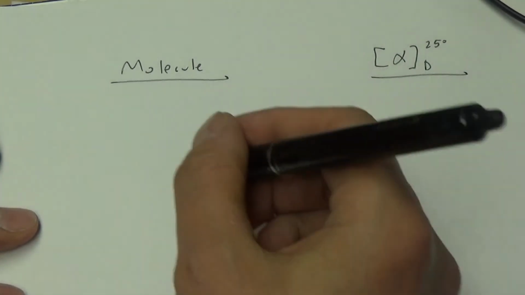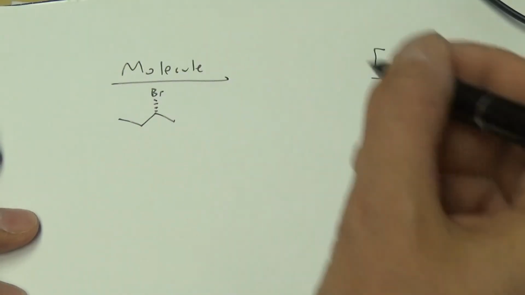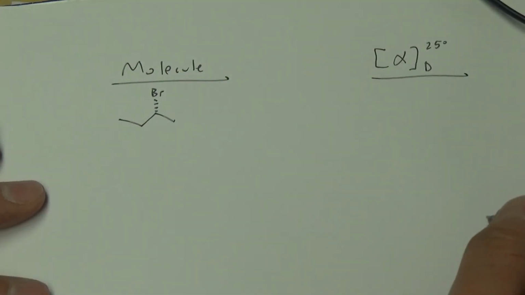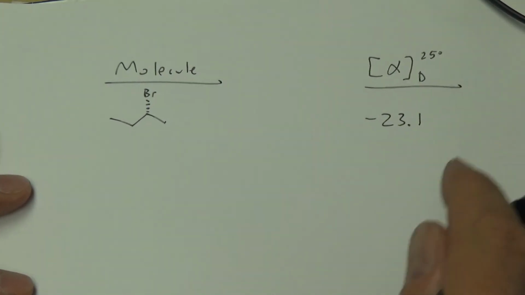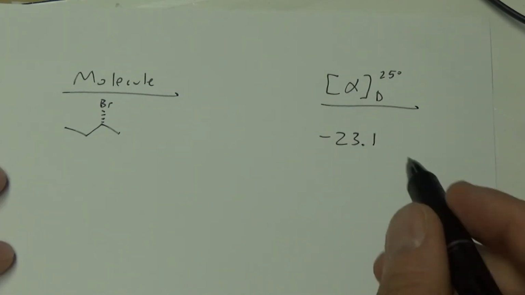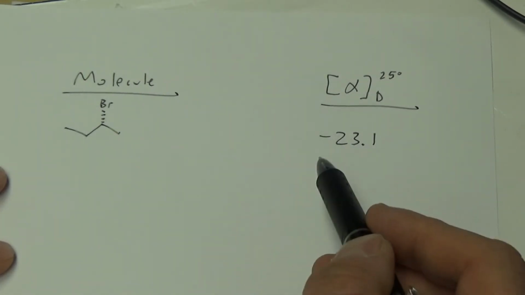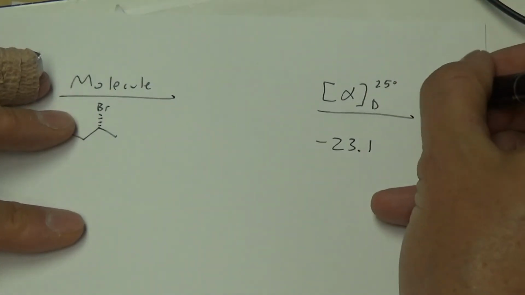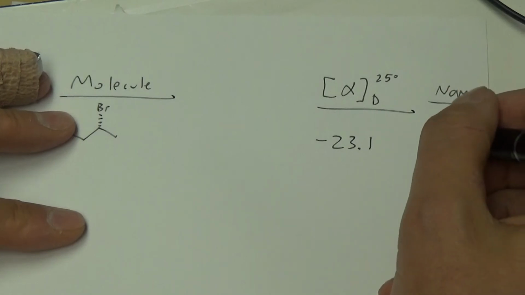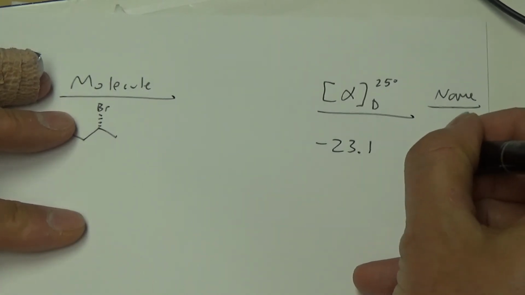What are some molecules? We'll do 2-bromobutane, and it's negative 23.1. Is that going to be a minus molecule or a positive? In terms of the name, the minus means left. This is minus 2-bromobutane.